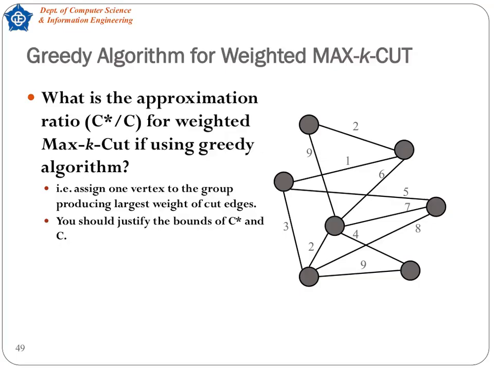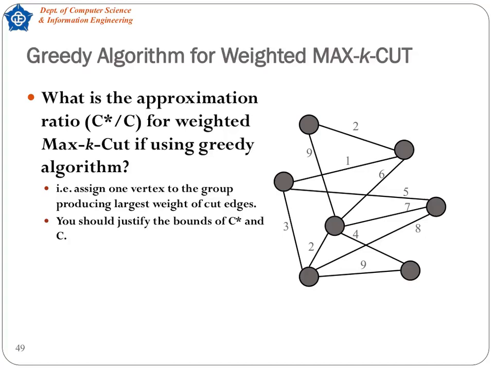So if the two-approximation represents a worst-case scenario, how do we actually approach problems like this? Well, on this slide, we're diving into a specific and widely used technique, the greedy algorithm, applied to the weighted max k-cut problem. Our core question here is pivotal. What exactly is the approximation ratio, denoted as C star over C, for the weighted max k-cut problem when we employ this greedy algorithm?